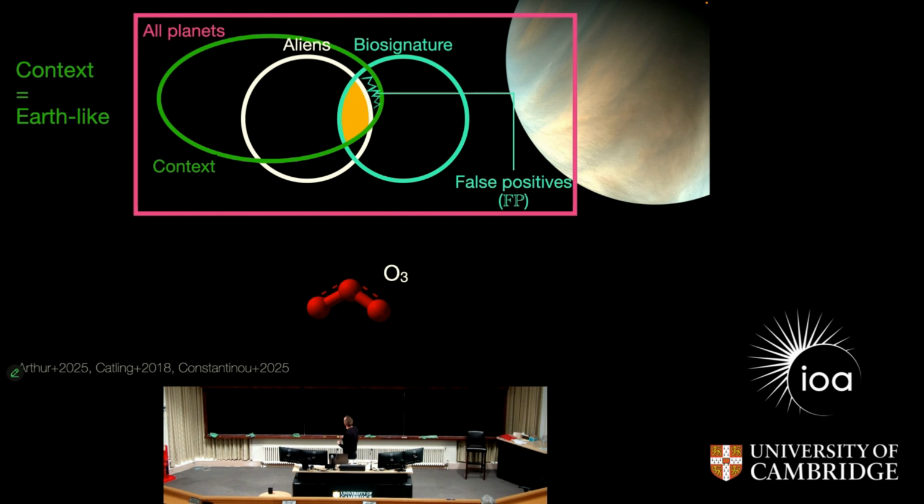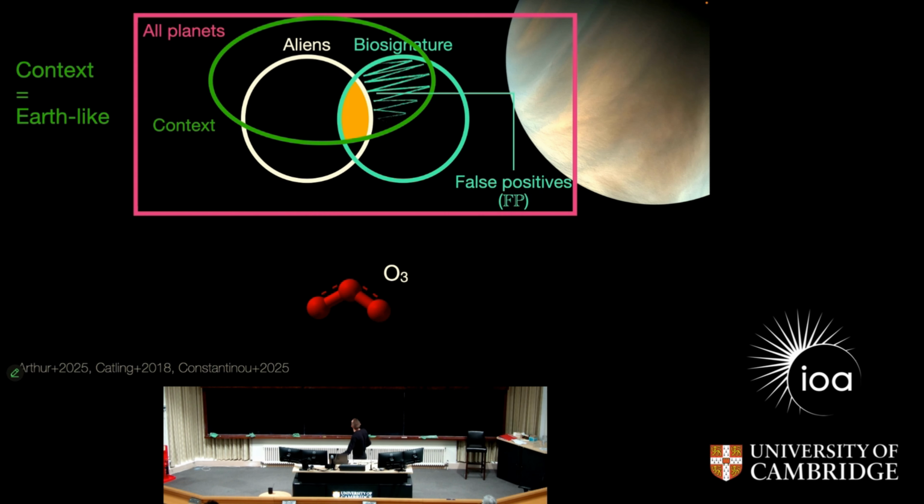So the kind of caution then from ozone in the context of this diagram is that perhaps our false positive rate, given basically an Earth-like planet, for ozone as our biosignature is not this little region, it's actually potentially much larger. Venus is telling us to be cautious in our use of ozone as a biosignature in this case.